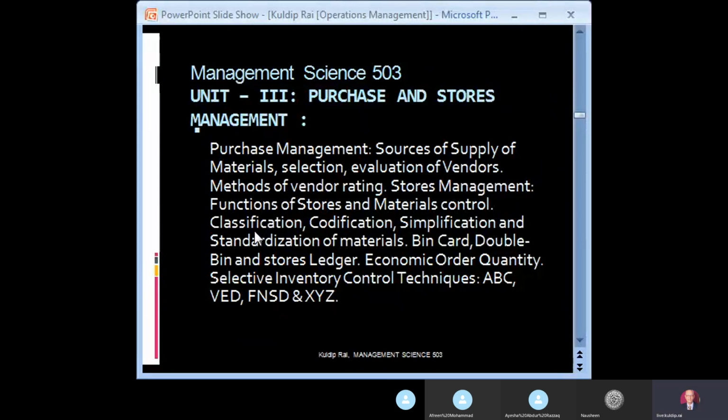Therefore, all these items I classify as petroleum products, and I create a separate store a little far away, removed from my factory, which is not made of timber or wood. It should be made of concrete. The doors should be made of iron grill. The roof should be either RCC or asbestos, which doesn't catch fire. And there should be firefighting equipment available all the time. How was I able to do that? Because I classified them properly.